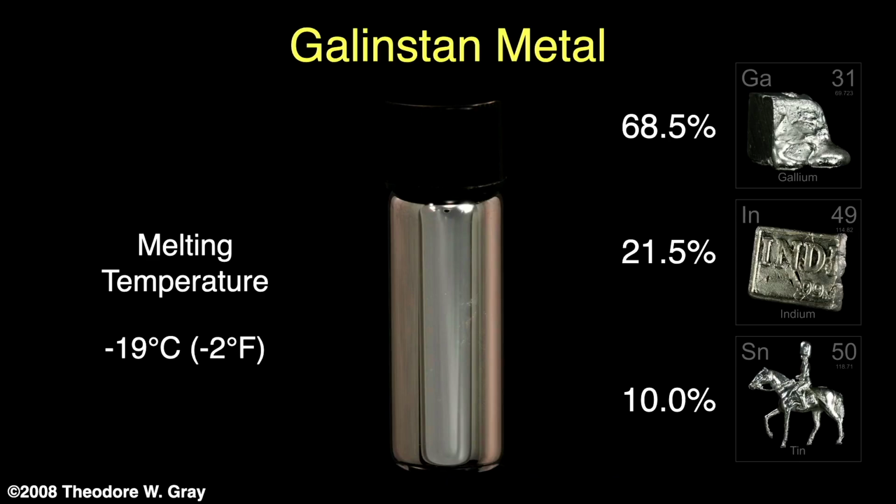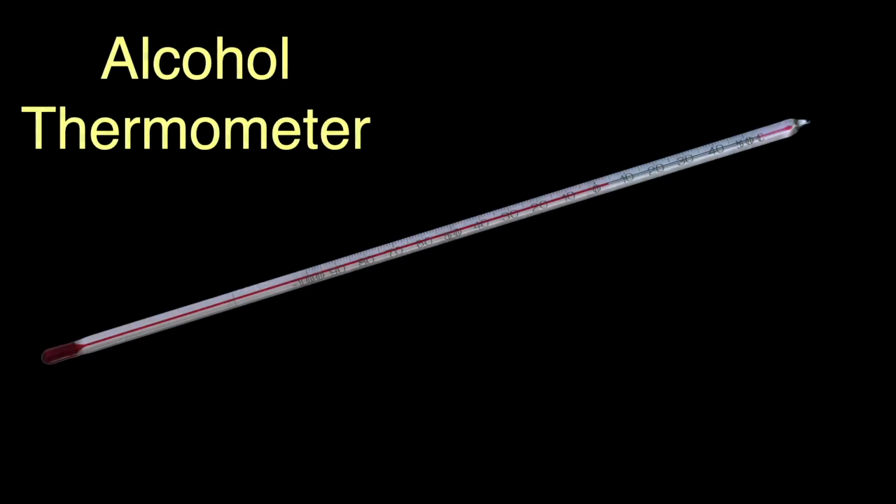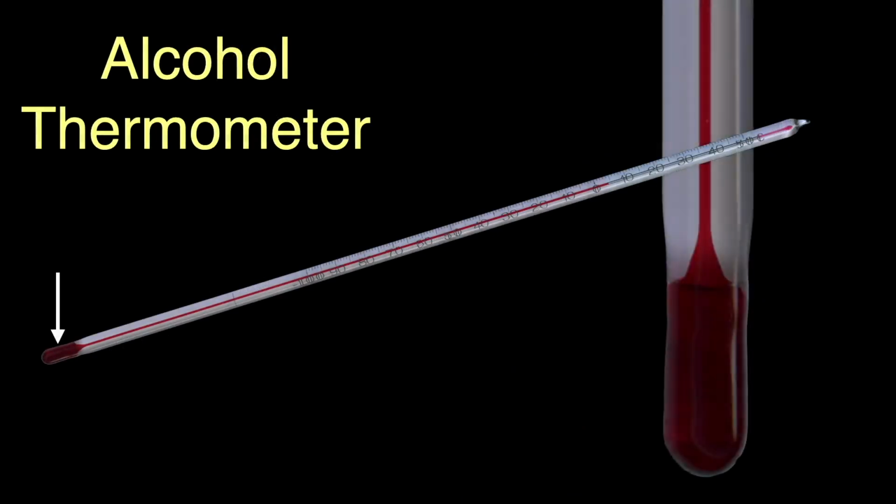Also, Gallinstan is not as toxic as mercury. Curiously, Gallinstan expands almost as much as mercury with temperature, making it useful for non-toxic thermometers. The other possible substitute for mercury in thermometers is liquid alcohol. Here, the alcohol is dyed red to make it more visible.